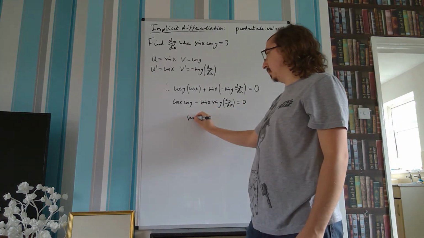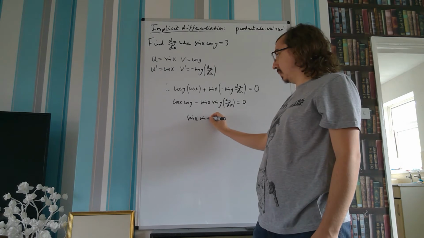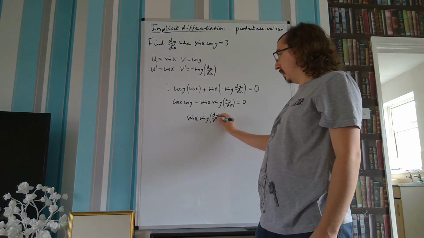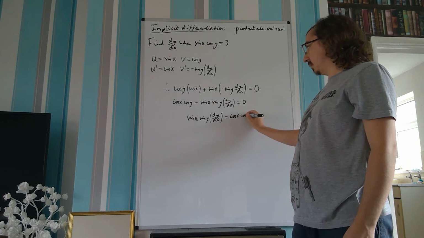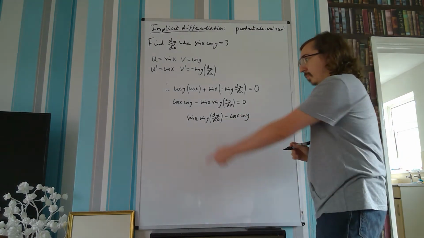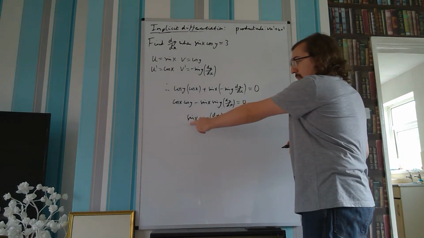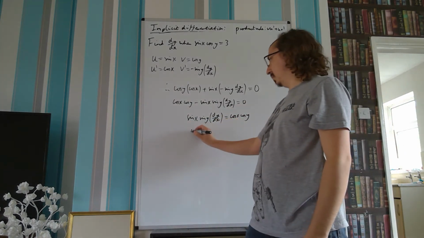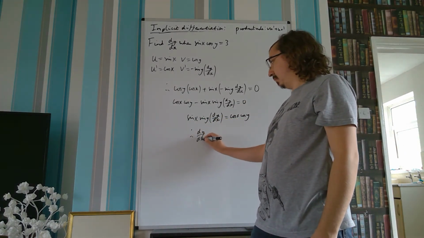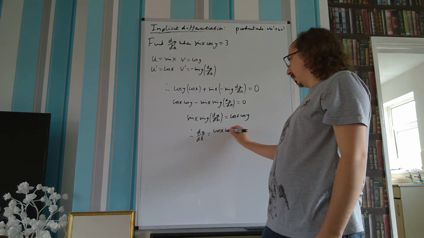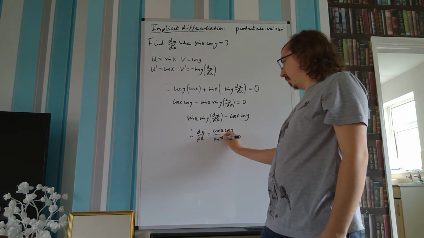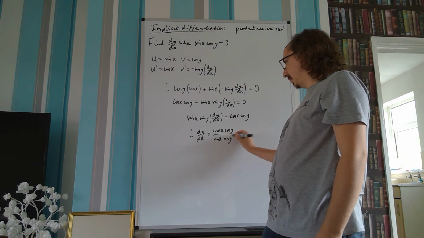So we can say that sine x sine y times dy by dx is equal to cos x cos y. Well, if we're times here, we can move it to a division. So therefore, dy by dx is equal to cos x cos y over sine x sine y.